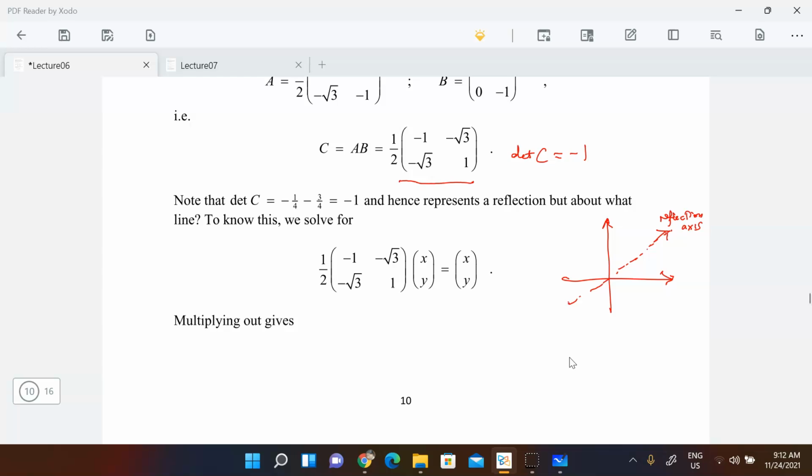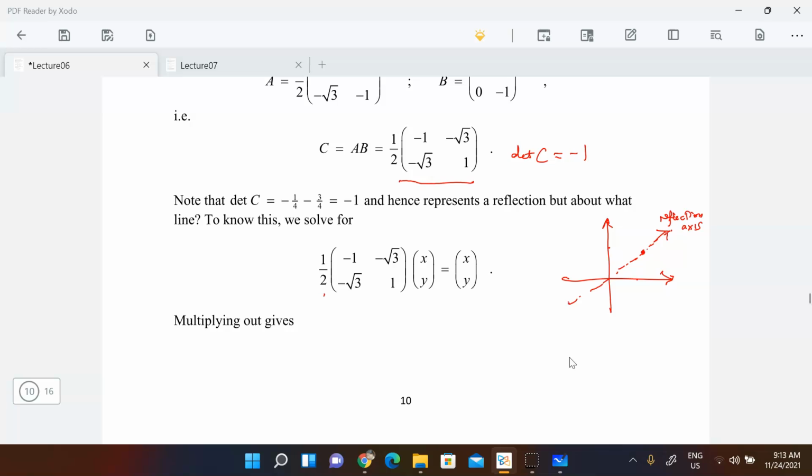One of the things you have already seen is that for a reflection about the x-axis, your x coordinate doesn't change, and about the y-axis, your y coordinate doesn't change. In a way, I just need to know a point on this line, which under the reflection about this line will not change. So I construct an equation that does that.